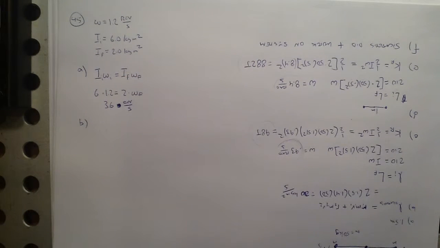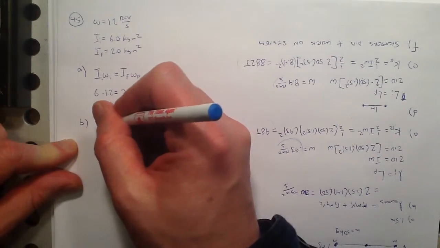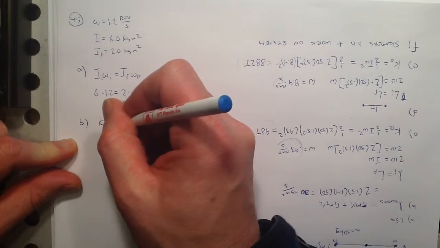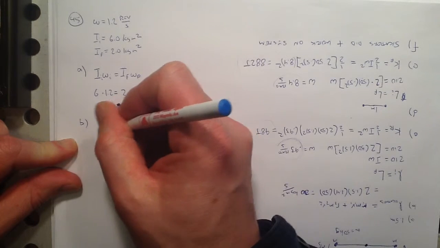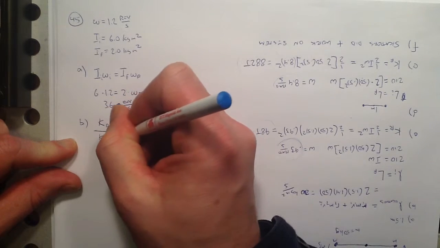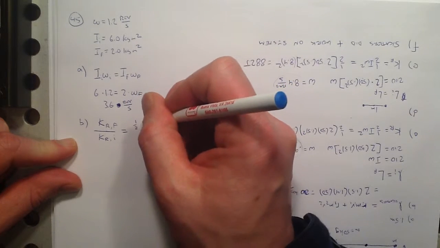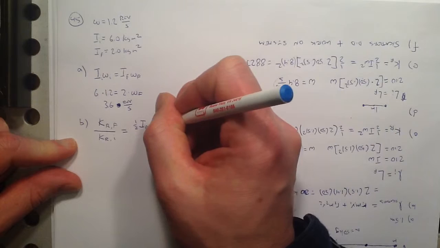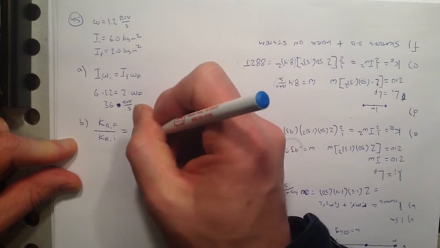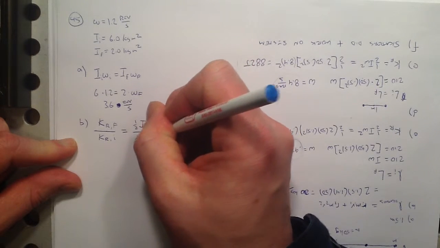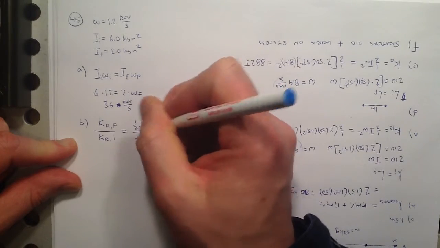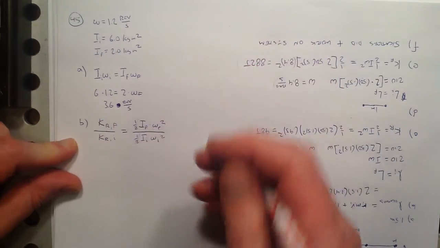B, the ratio of the new kinetic energy of the system to the old kinetic energy. So that's kinetic energy final over kinetic energy initial. The 1/2s cancel if we're just finding the ratio.